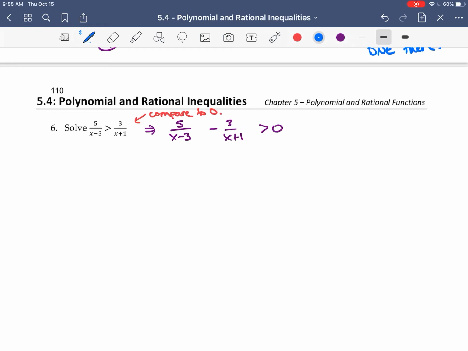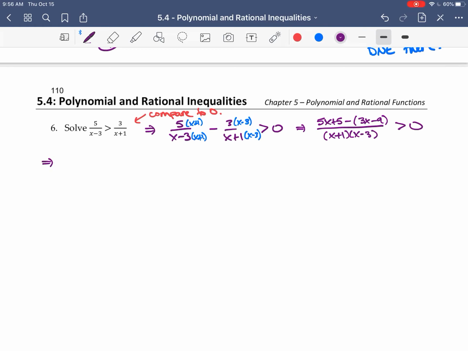Now I want to make a common denominator, so I'm going to multiply this one by x plus 1 over x plus 1, and this one by x minus 3 over x minus 3. If I expand everything, it's going to be 5x plus 5 minus 3x minus 9, all over x plus 1, x minus 3. And I need that to be bigger than 0.